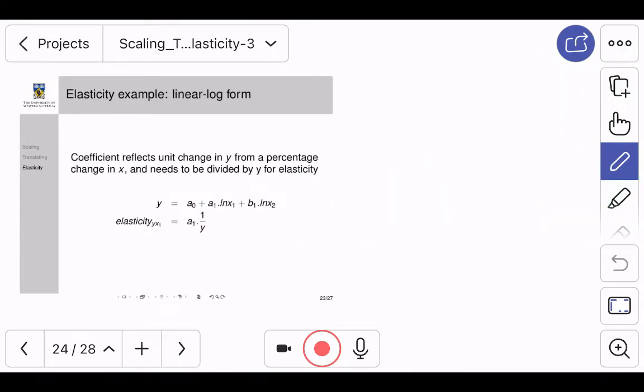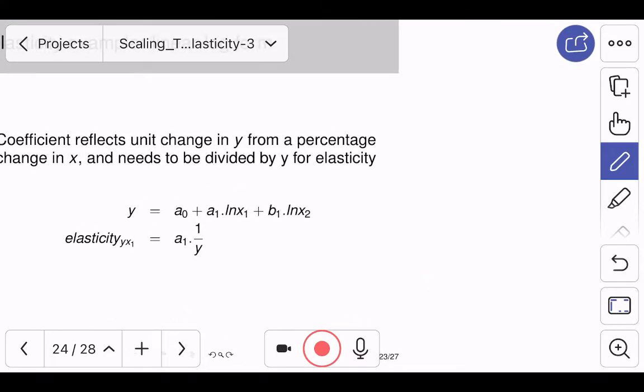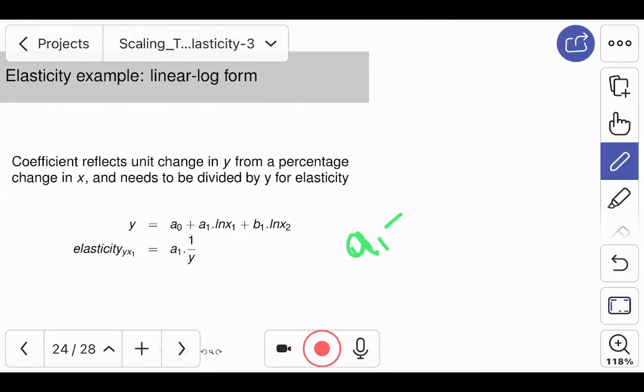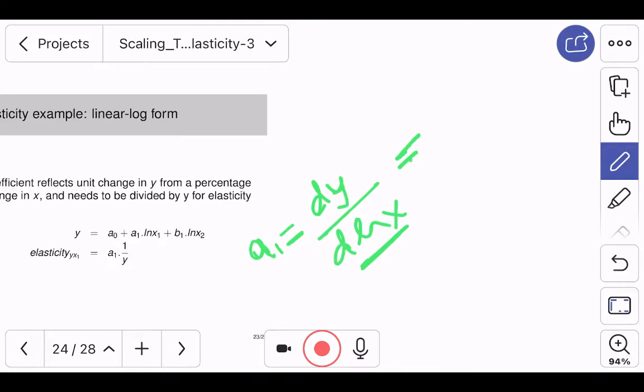What happens if we have the reverse, linear log? Well, linear log, now the slope term, a1, in this case, is equal to change in y with respect to change in log of x. Well, we already said this is proportionate change, so we don't have to worry about it.